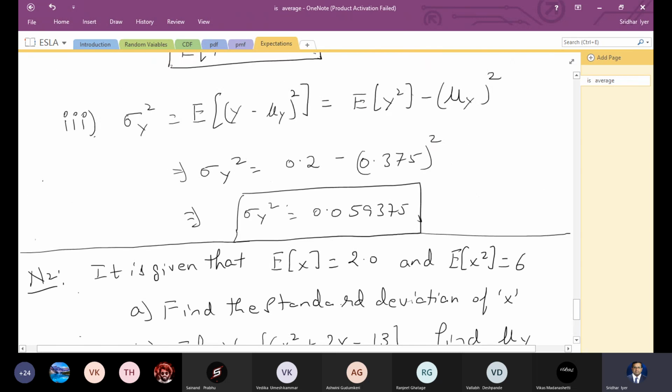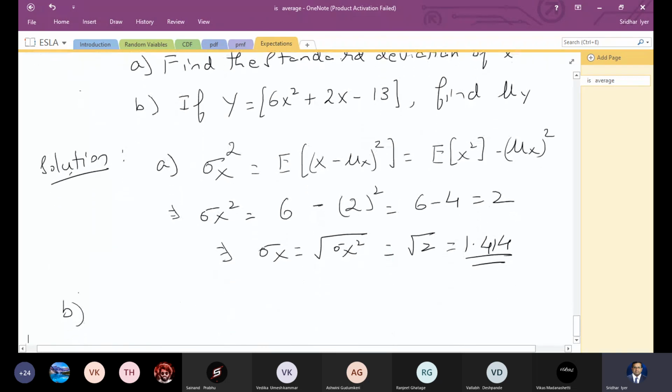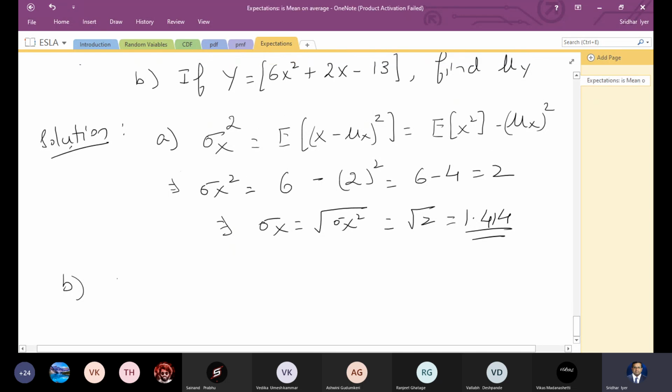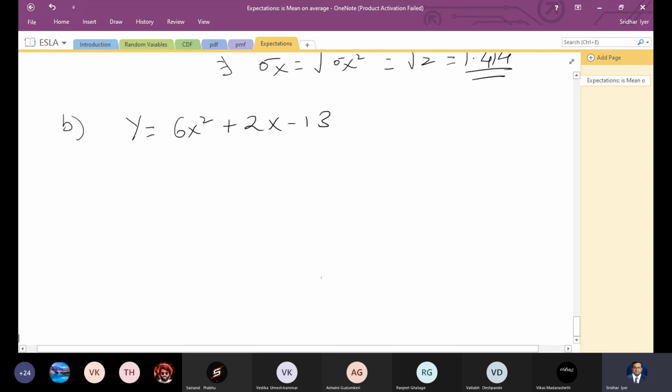Now let's see how we can solve that. Okay, so let me have it in the way you can see that part B. So we need to find the mean of y, and let me rewrite it quickly so we can scroll down. Y is 6x square plus 2x minus 13. Okay, now I can scroll down.